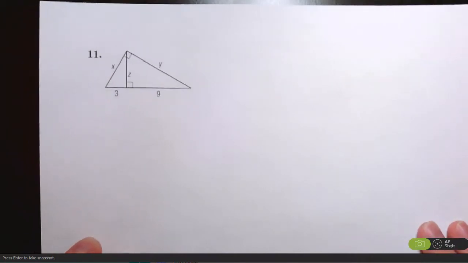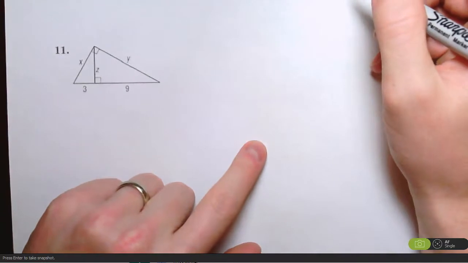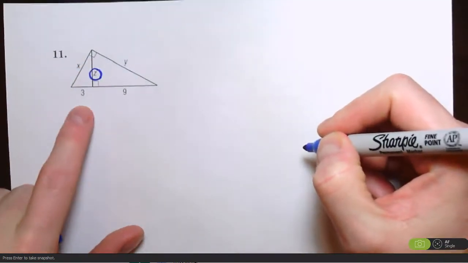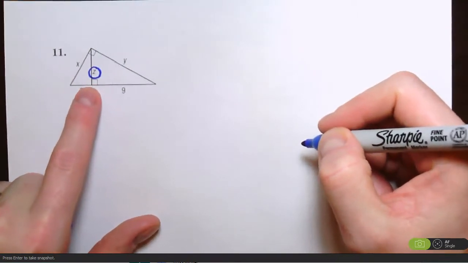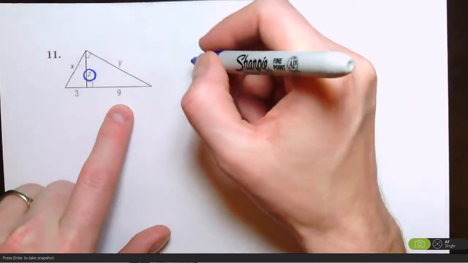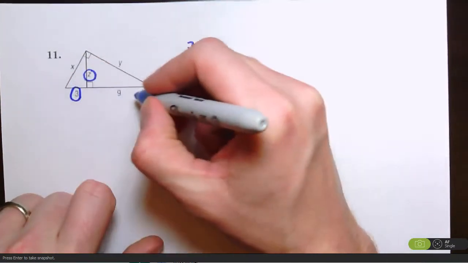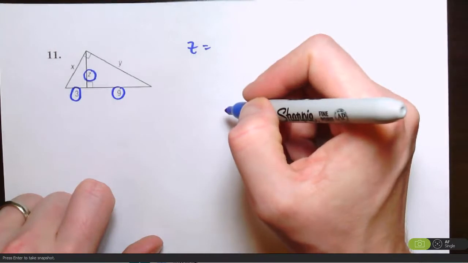What the shortcut is, is that there are 2 types of geometric means. There's the geometric mean that involves the altitude, which we don't know Z in this one, so that's one we're going to solve for first actually. So Z is the geometric mean of the 2 parts of the hypotenuse. That's the shortcut.